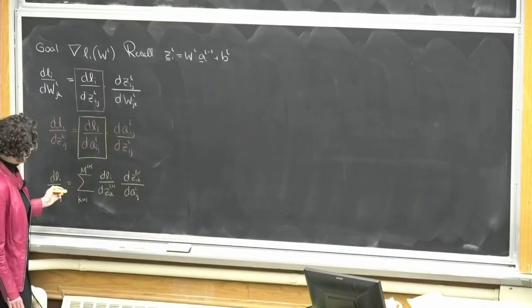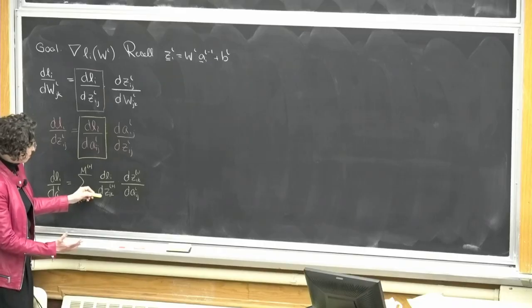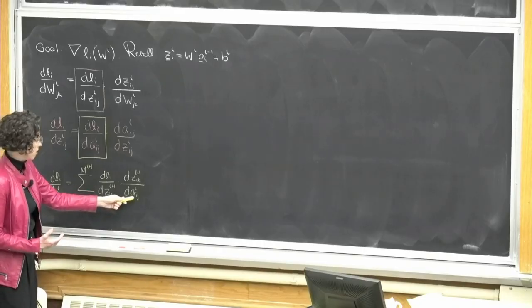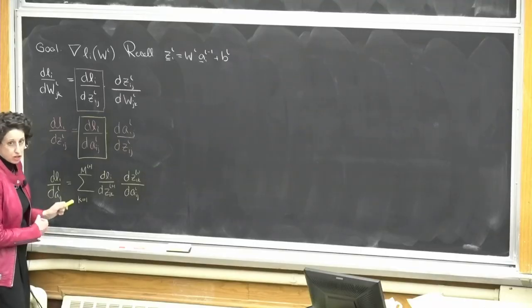So I'm summing over all of the different nodes in the next layer, which are affected by changes in the output of my current layer, A^L_ij.